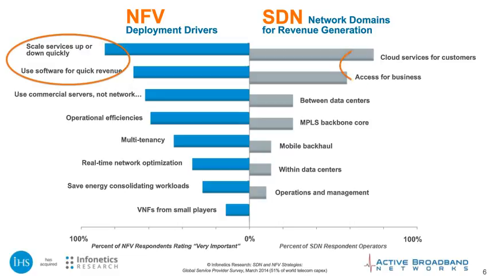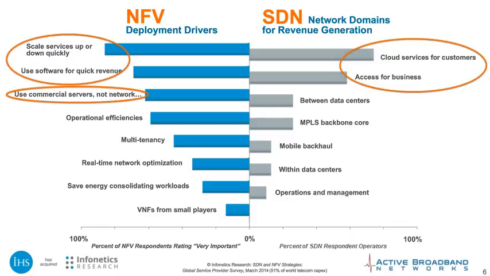On the SDN side, it's cloud services for customers and access for business, exactly what we're talking about here in broadband networks. Remember, most people talk about CapEx reduction or operational efficiency, and yes, those are drivers. However, what the carriers say is that it's about revenue and revenue agility. In fact, that's what we're going to talk about today. Adam has some good points to bring.